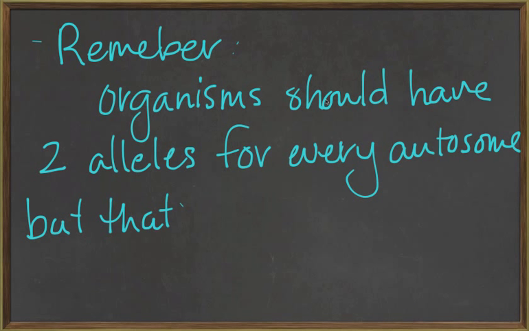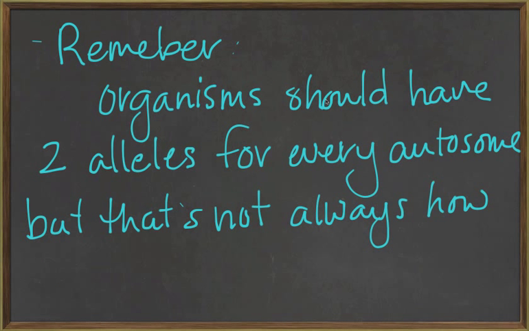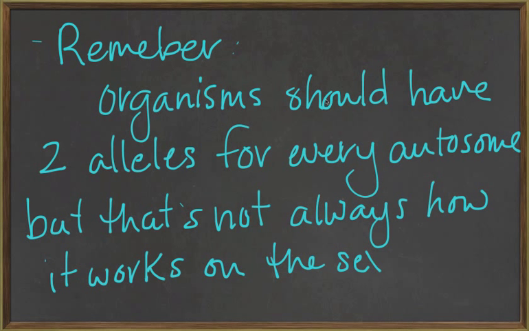But that's not always how it works on the sex chromosomes. And we will get into that more in class when I talk about sex-linked diseases or differences depending on what you receive and how that all works between the sexes.